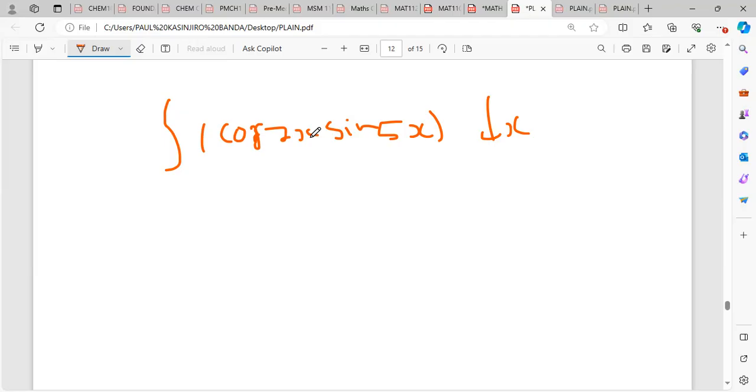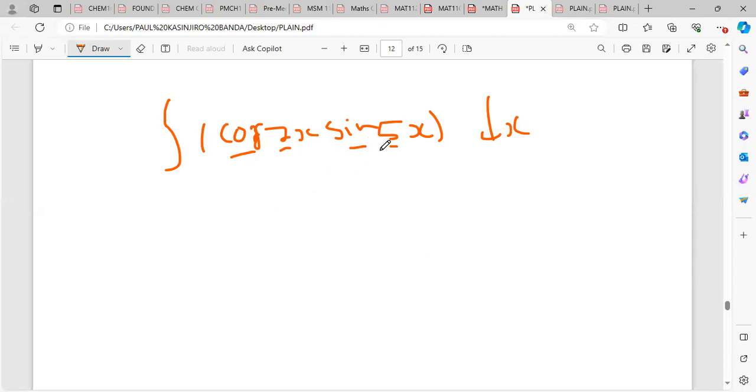Because you can see that the numbers that we have there are different, and the trigonometric ratios that we have there are different. There are of sine, and there are of cos.